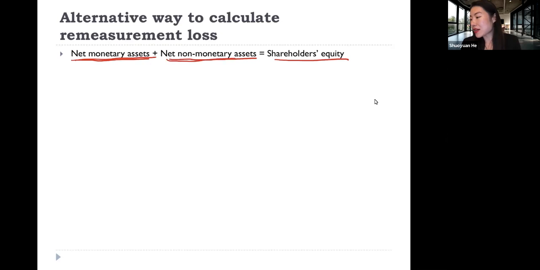And what is net non-monetary asset? That is our non-monetary asset minus non-monetary liability. So these two combined together, that is actually our asset minus liability, and that should be equal to our shareholders' equity.